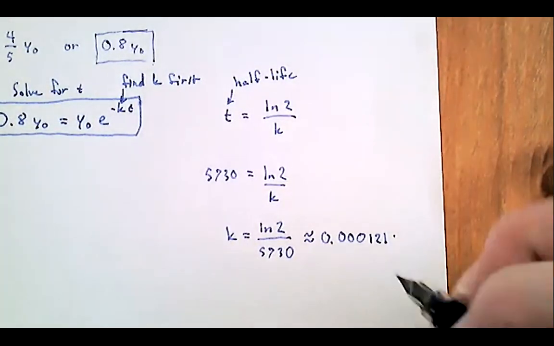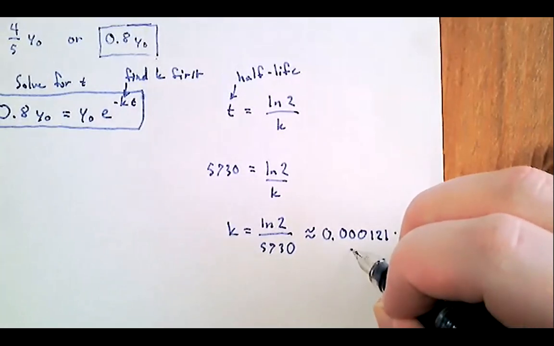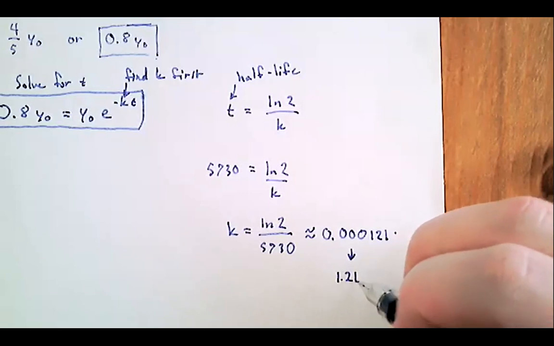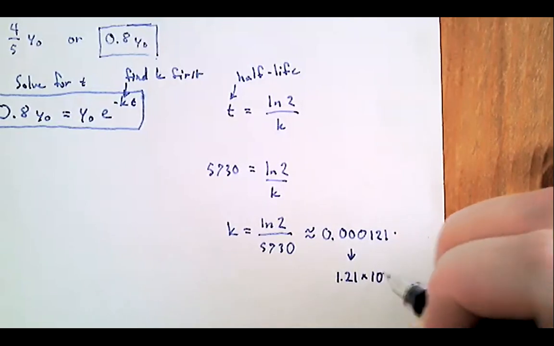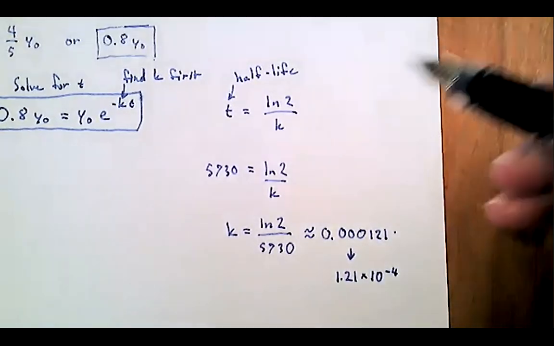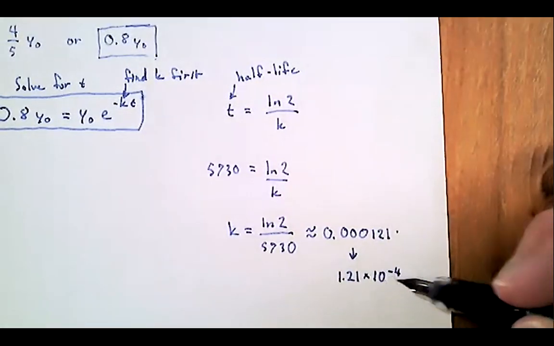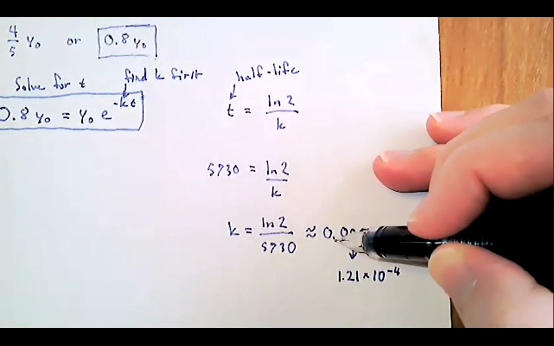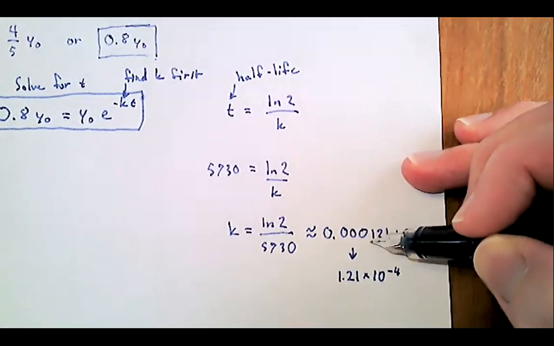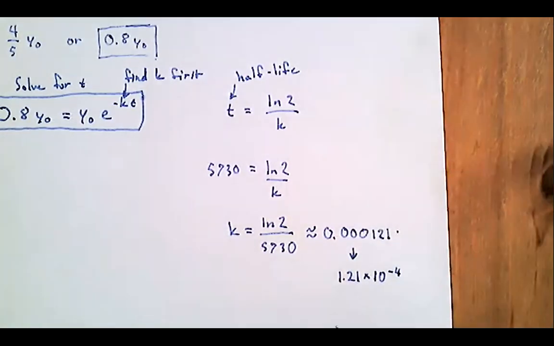Let's see, running out of room here on the right. But you could rewrite this as 1.21 times 10 to the minus 4 if you wanted to use scientific notation. Remember, 10 to the minus 4 tells you that you should move the decimal place 4 times to the left from here to get back to this.